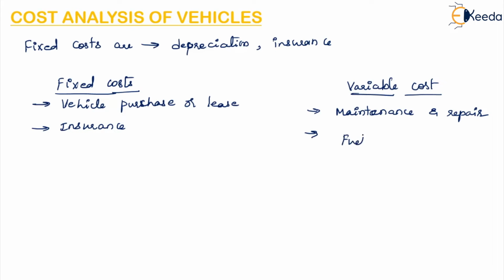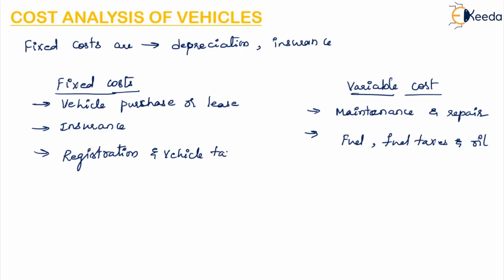Then fuel, taxes and oil, these come under variable cost. Then the registration and vehicle taxes. So it is a fixed cost. And there is paid parking and toll gates.